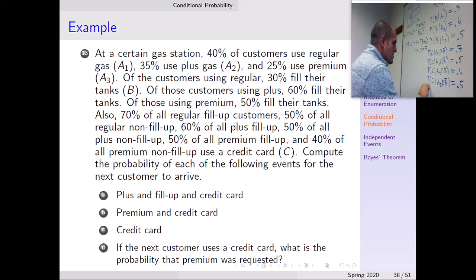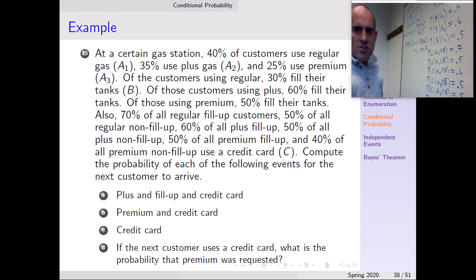Then premium fill up and premium not fill up: A3 and B, and A3 and not B, are 50% and 40% respectively.